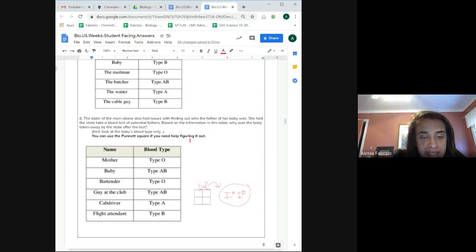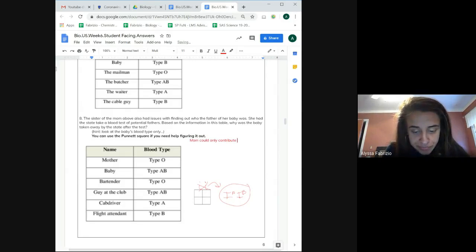So mom could only contribute i alleles as she is homozygous recessive for blood type.